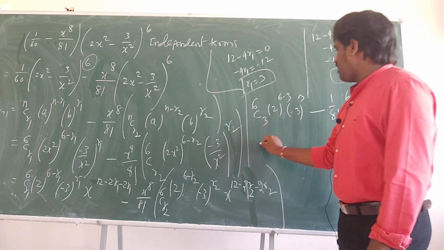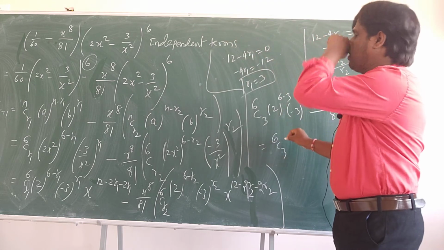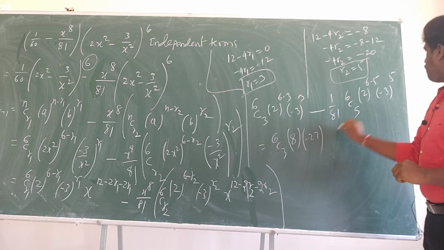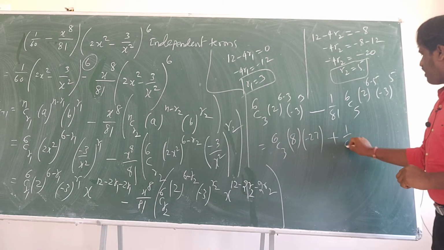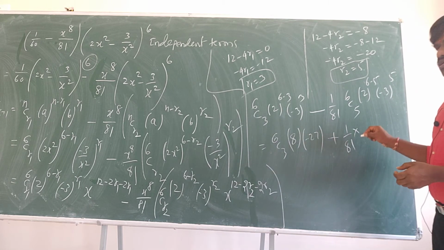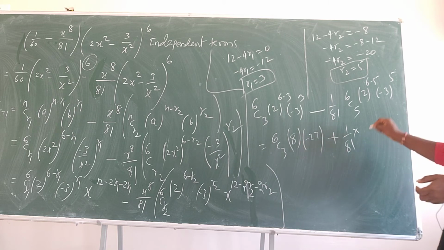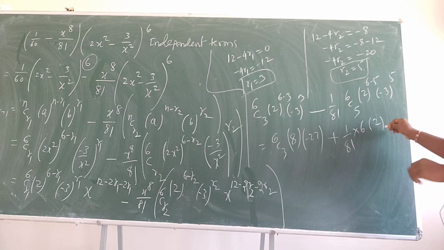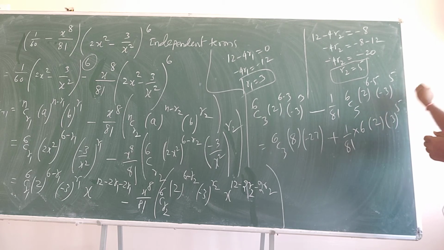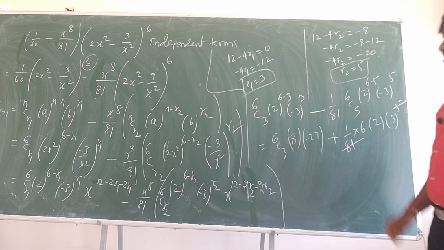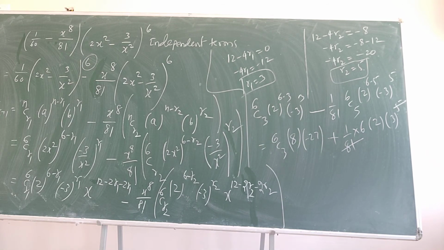So what do you get here finally? 6C3, 2 cube is 8, 3 cube is minus 27, right? Minus into minus will be plus, 1 by 81, 6C5 value is 6. 6, 2 to the power of 1 and 3 to the power of 5 is 243. Yes, that is what I was saying actually. It got cancelled, correct.